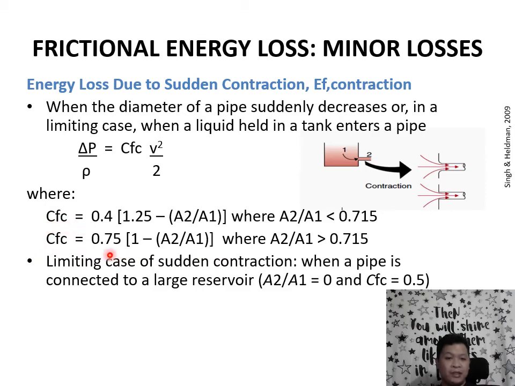Okay. Then if there is a sudden case wherein a pipe is connected to a large reservoir such as a tank, such that the A2 over A1 is roughly 0, then the CFC is automatically equal to 0.5.